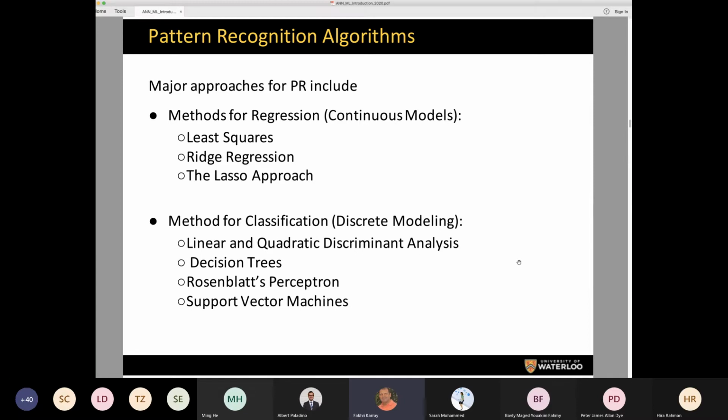Decision trees, which are also utilized in machine learning and in the field of pattern recognition, are still being utilized. The Rosenblatt perceptron is the earliest model for pattern recognition. Why is that? Because the Rosenblatt perceptron, which is the parent of neural networks and of deep learning, was a very simplistic model which provides us classification of a system as true or false.